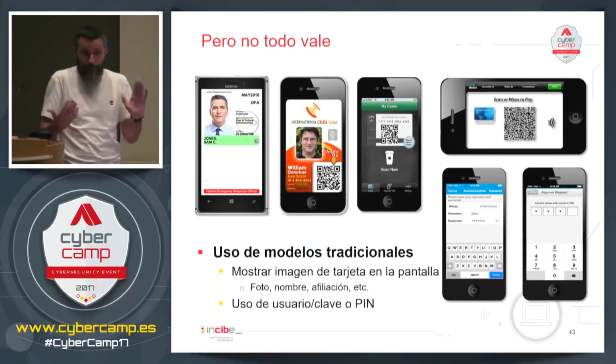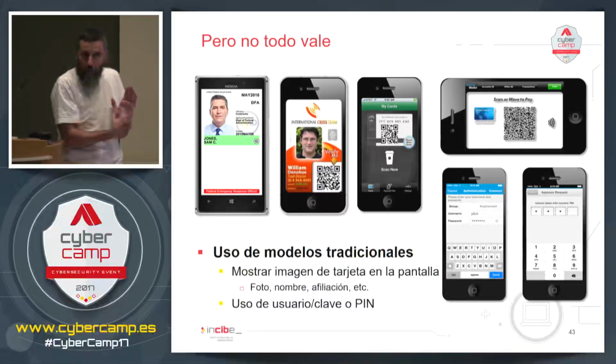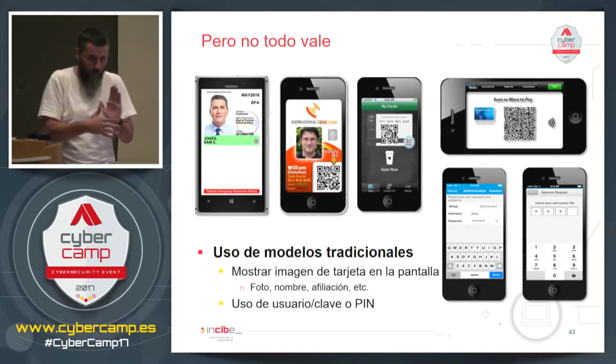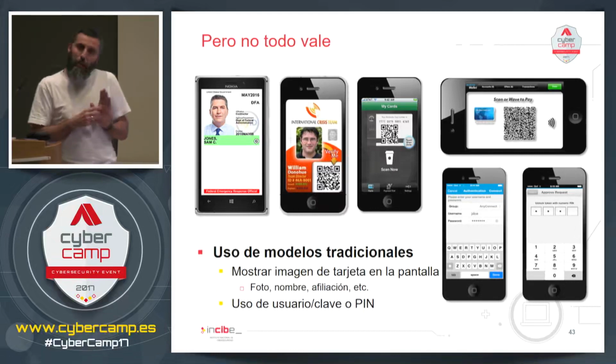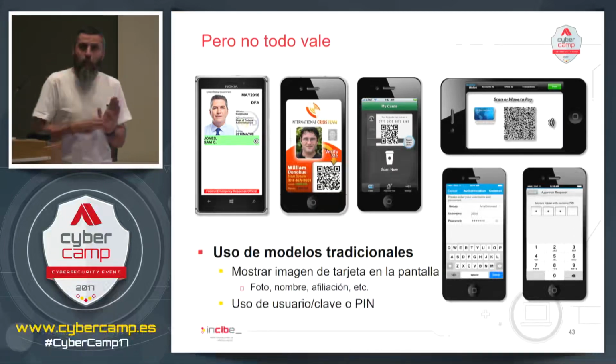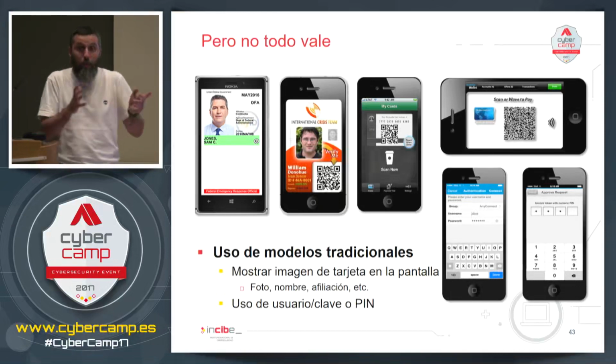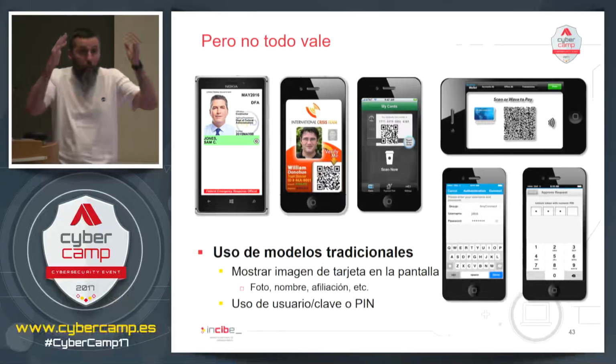If I take a photo of my barcode and put it on the screen, it'll do the same thing, because there's no additional security. But the lady at the cash desk has said, no, you can't use it.